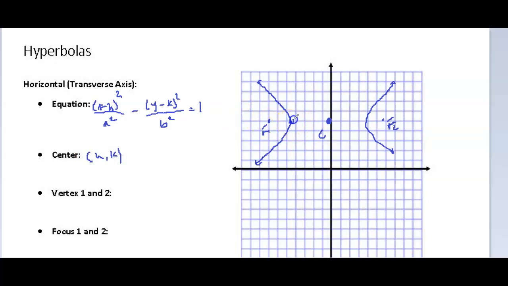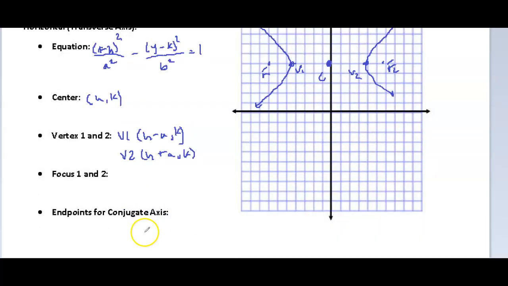We have two vertices, v1 and v2, that have coordinates (h minus a, k) and (h plus a, k). Our two foci have coordinates (h minus c, k) and (h plus c, k), where c is the square root of a squared plus b squared.